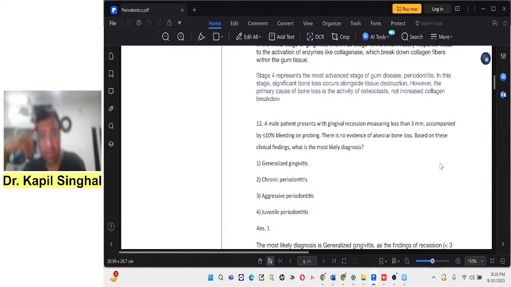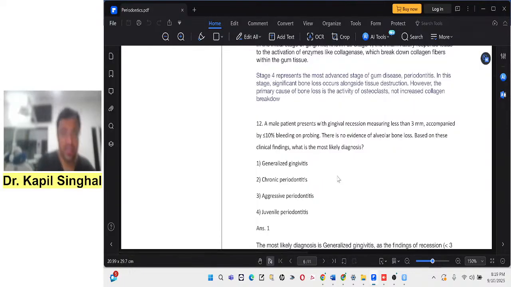No bone loss means it is not periodontitis. It is in the soft tissue, so it means it is gingivitis. Out of all the 4 options, we have only one option, that is gingivitis. So the answer here would be option 1, generalized gingivitis, not periodontitis, because he has given that there is no evidence of alveolar bone loss.